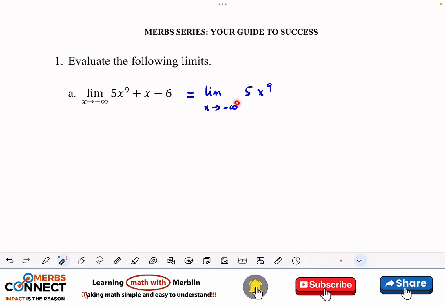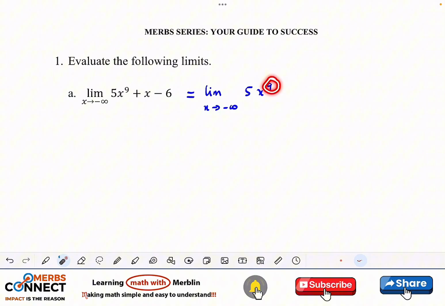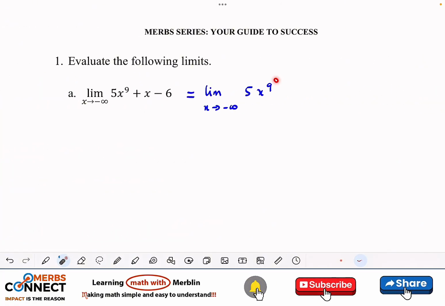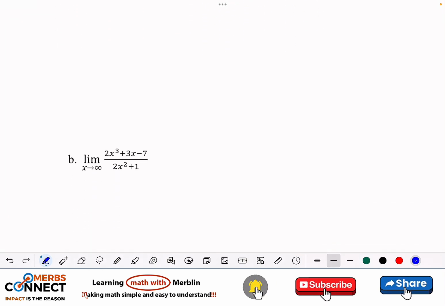Since this is negative, we just need to look at whether the exponent is odd or even. Since this one is odd, we need to have negative infinity. Good. So since this is 9, which is odd, this is going to give us negative infinity.